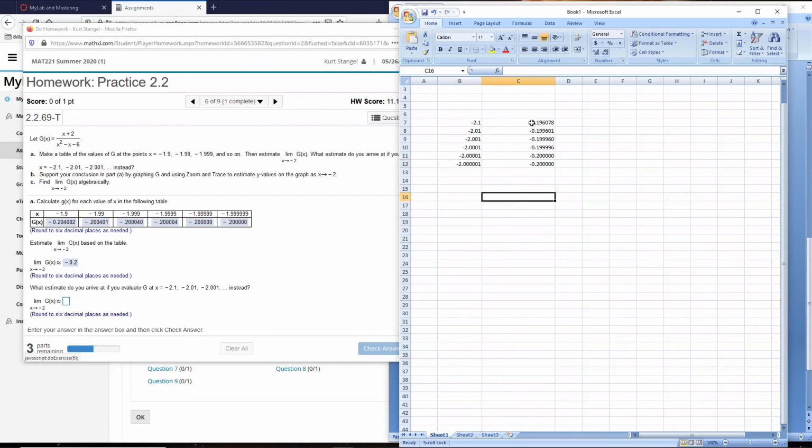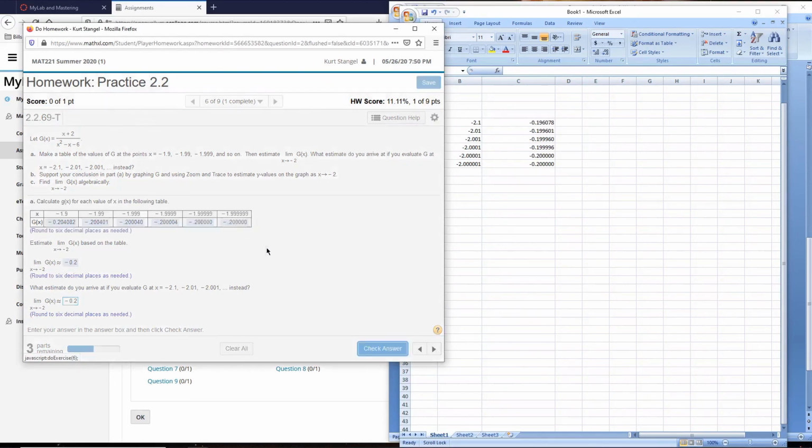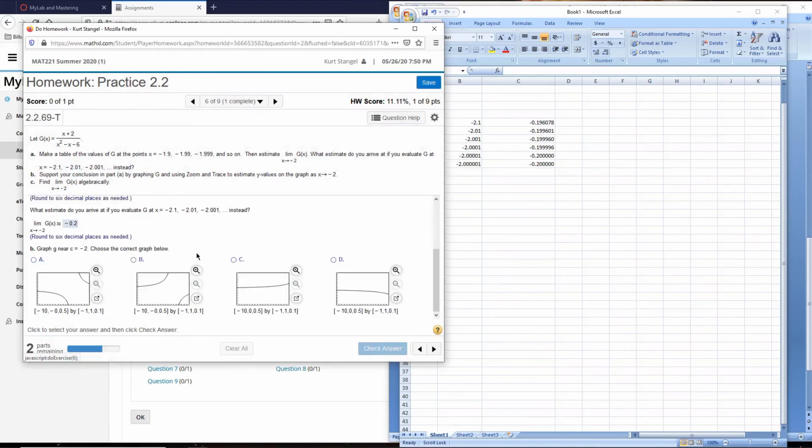And here are the new outputs. Since Excel has the equation there, it just calculated that all again. And as our inputs approach -2, we look at the pattern here and we see the outputs are approaching -0.2. And that is the same answer that we got with the right-sided limit. And so then we can conclude that the two-sided limit exists, and it's -0.2.